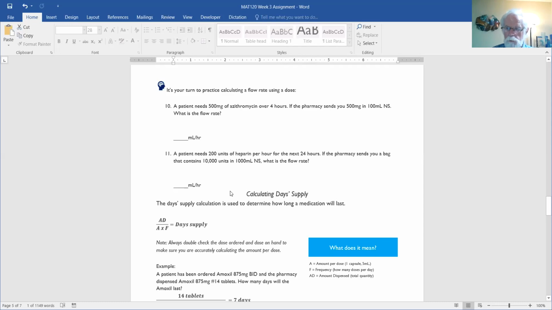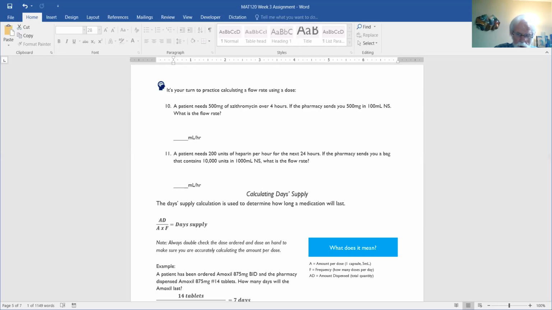You don't care. If the bag is not going to last 24 hours, the pharmacy will send you another bag when this one is supposed to run out. So what we have is a bag here with 200 units per hour, 10,000 units in 1,000 milliliters. So we've got 200 units divided by the dose on hand, 10,000 units, and then multiplied by 1,000 milliliters.